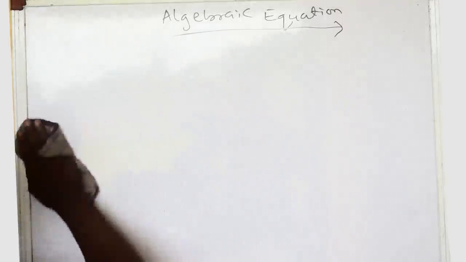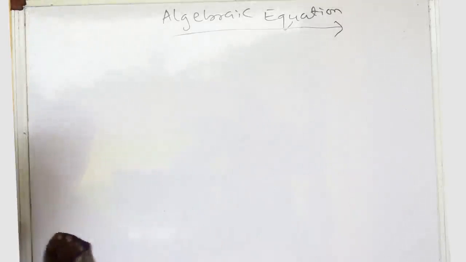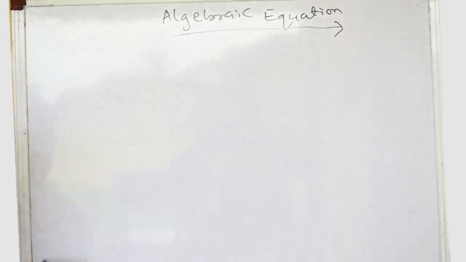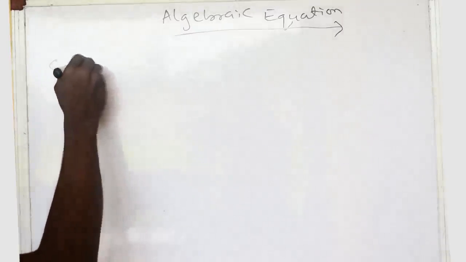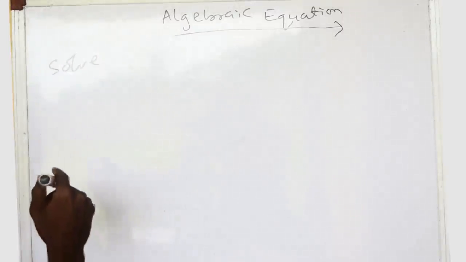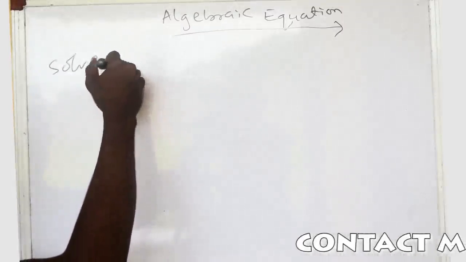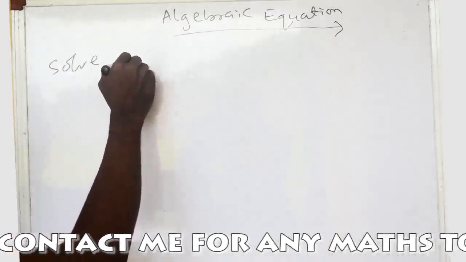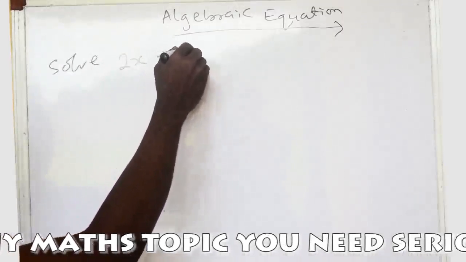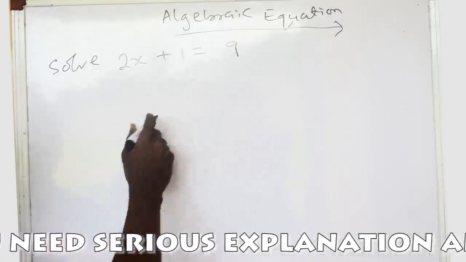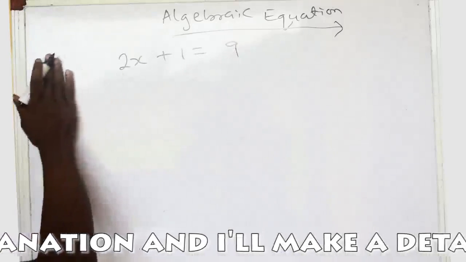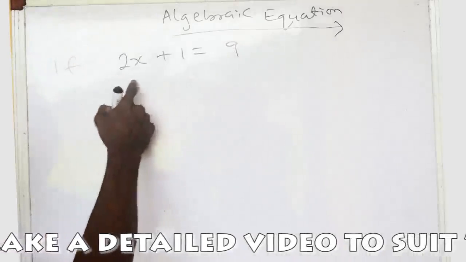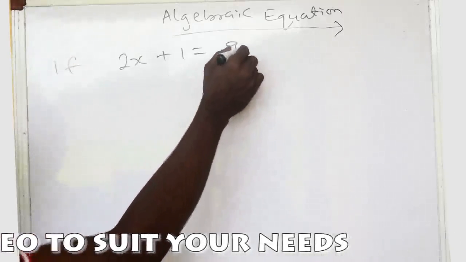Let's say I give you something like this: solve 2x plus 1 is equal to 9.